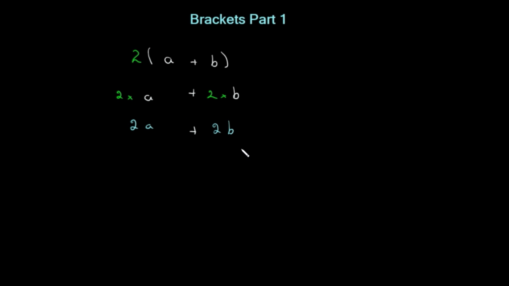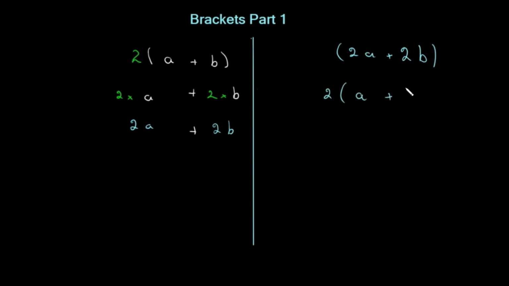Now, of course, you can go the other way round. Suppose we have, as a group, 2a plus 2b. Now, each of those is multiplied by 2. So we can factor out the 2. We end up with 2 times a plus b, because everything inside the bracket is multiplied by the 2.